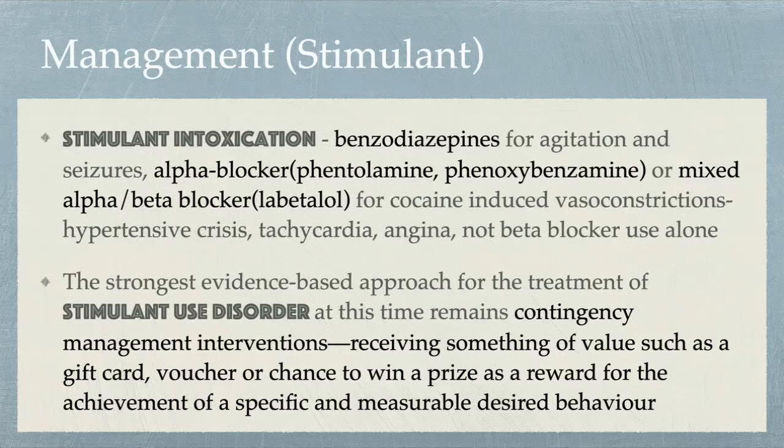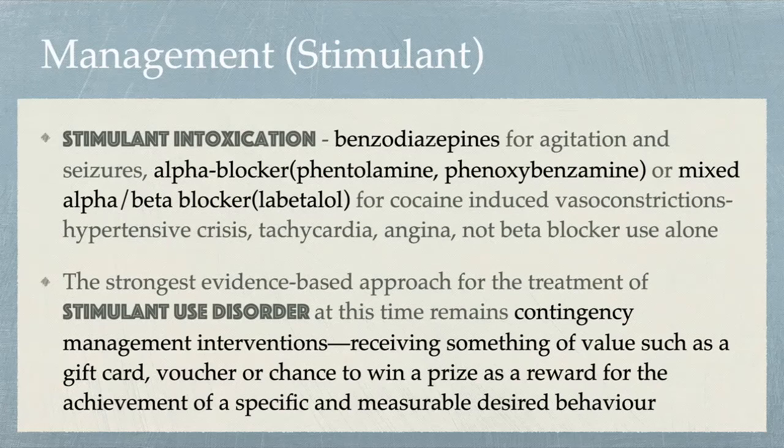But we cannot use a beta blocker alone in stimulant intoxication because it leaves the alpha action unopposed. Alpha action is vasoconstriction, so it exposes the patient to the danger of widespread vasoconstriction, and heart failure can occur.